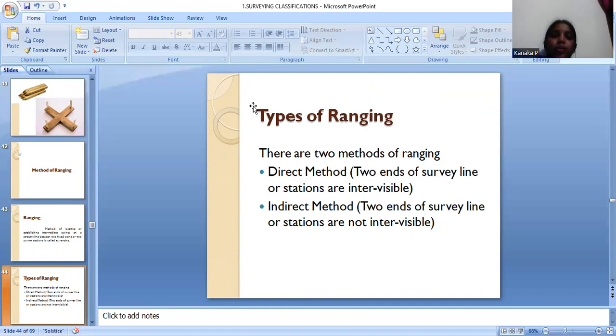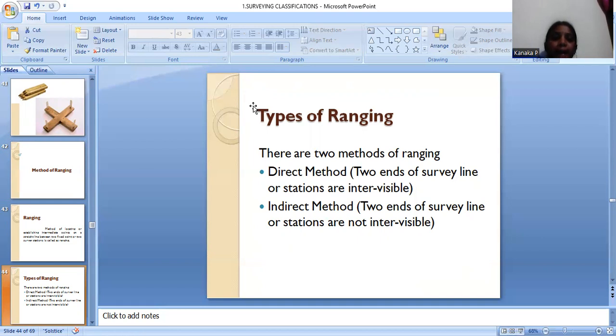Direct method means the two ends of the survey line or station are intervisible. Indirect method means the two ends of the survey line or station are not intervisible. These are the main types of ranging. Direct method is mainly used on plain ground surfaces, where the end points are intervisible.